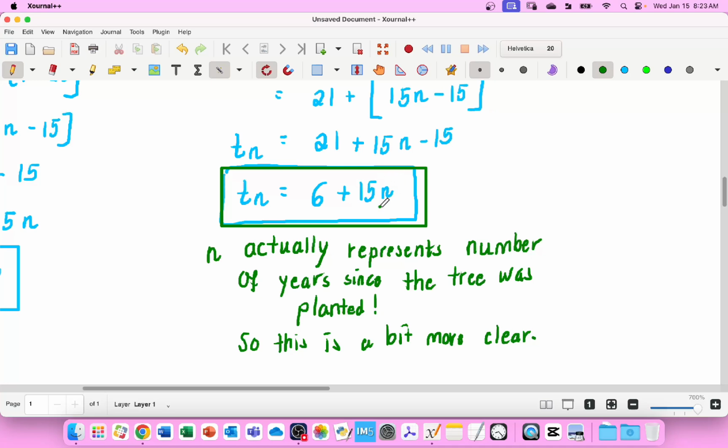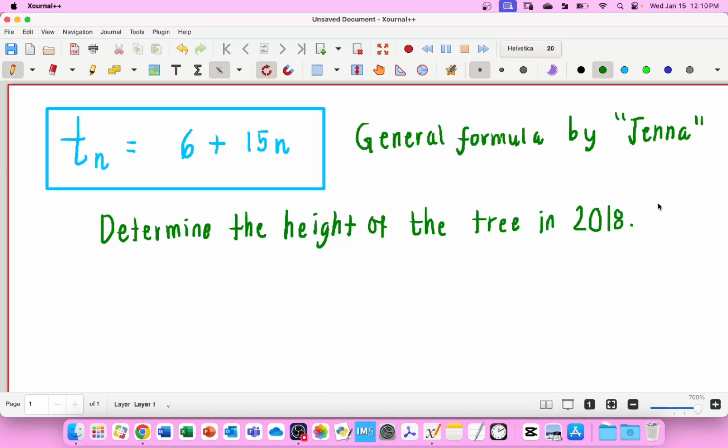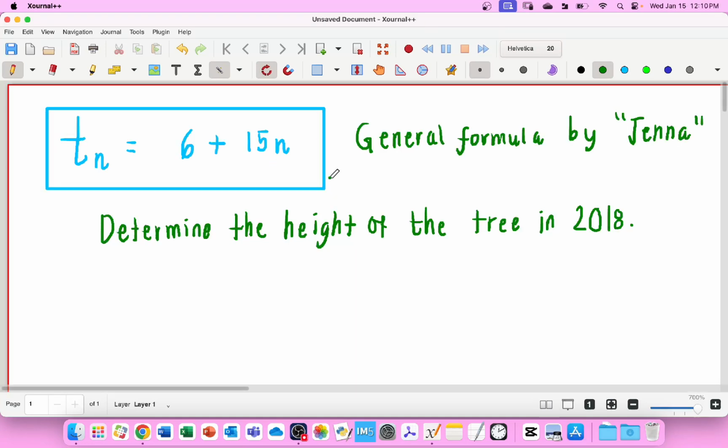So that's a nice little formula for us to use. Okay, so all of that to say, Jenna's formula makes more sense to me because we can talk about n being years since the tree was planted.